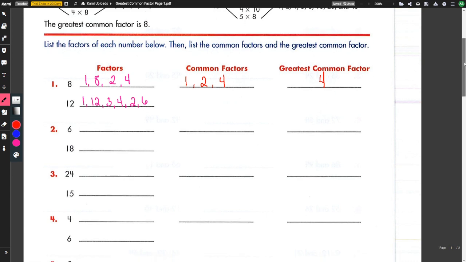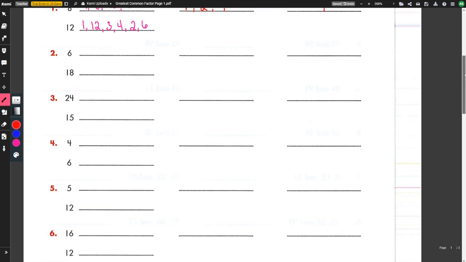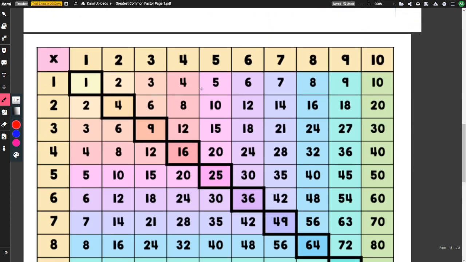Okay, next one. We have 6 and 18. Now, I can go down here, look for 6, there's 6, and there's 6, and then 18, well, there's 18, and then 1 and 18.